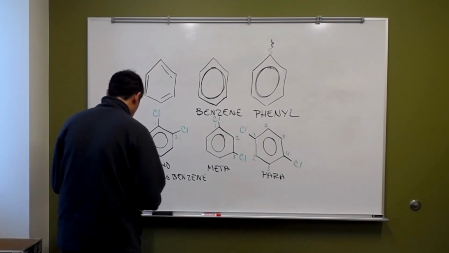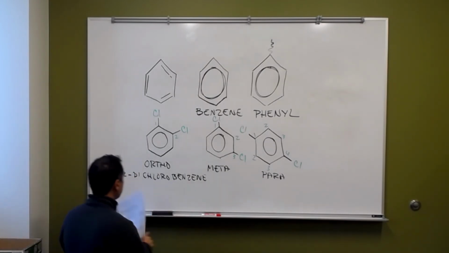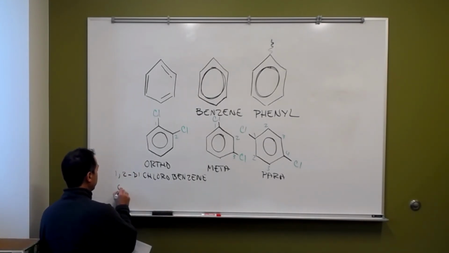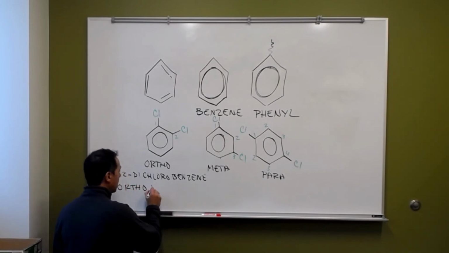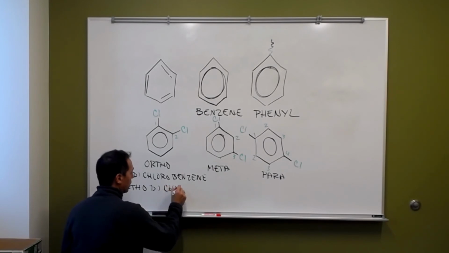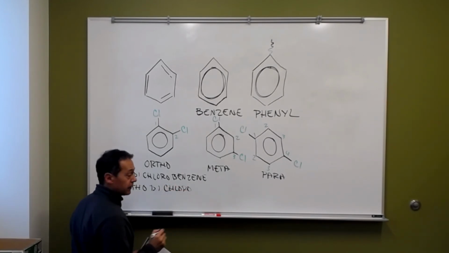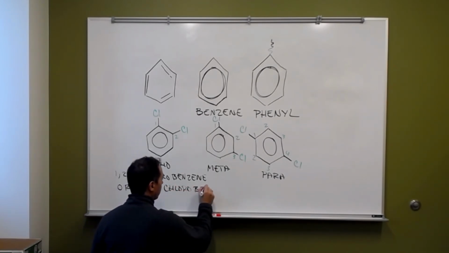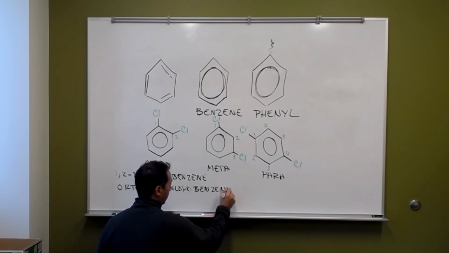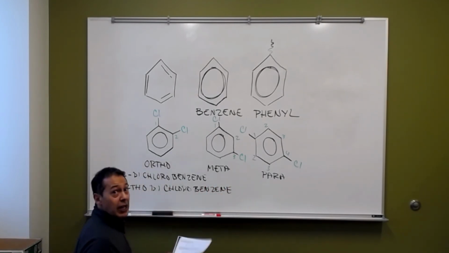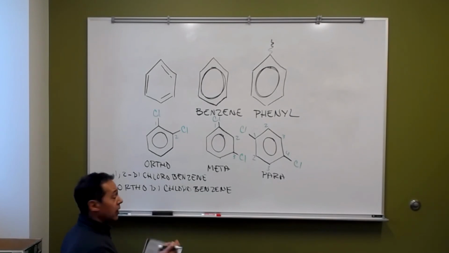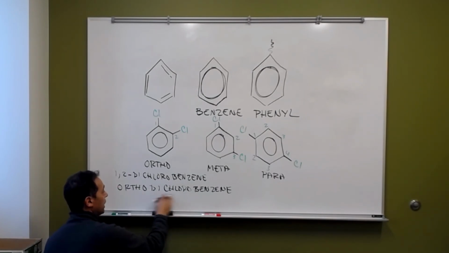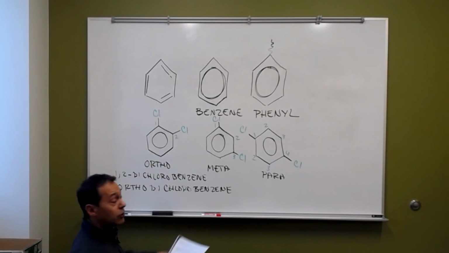The other name for this molecule here is ortho dichlorobenzene. Okay, and both of these names would be correct. This 1, 2 dichlorobenzene, that's like the more modern name. And then this here is the name from the olden days that just kind of stuck and some people are still using.